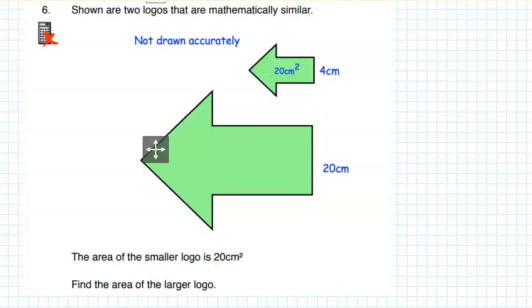Now in this figure, it's a geometrical shape. What is given is the length of a smaller and a bigger one. So smaller is 4 and bigger is 20. So you know that the scaling factor is 20 over 4, that is 5.